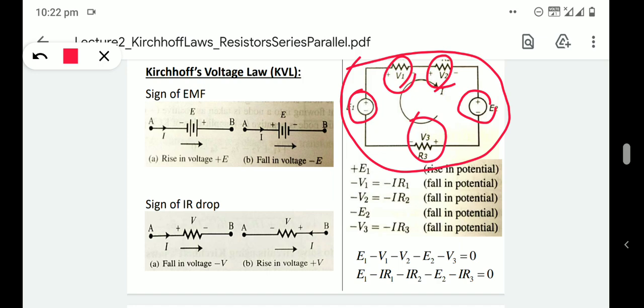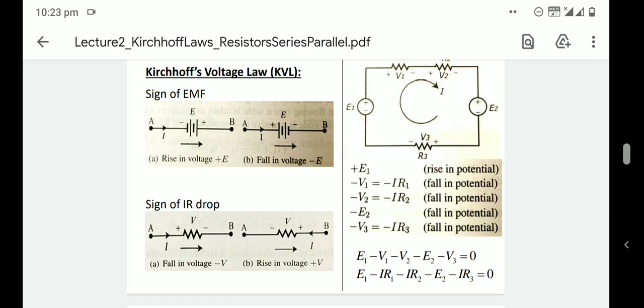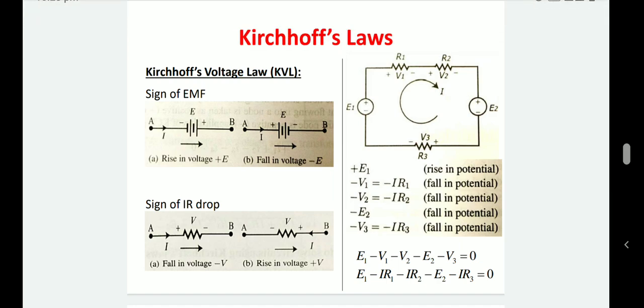So here also the word algebraic is there. That means we need to consider the sign. How can we identify the sign of voltages? Is it positive or negative? So here it shows how we need to put the sign for these voltages.